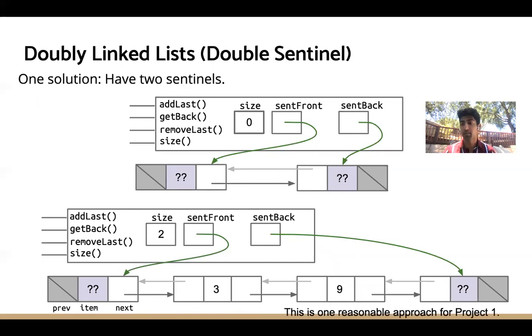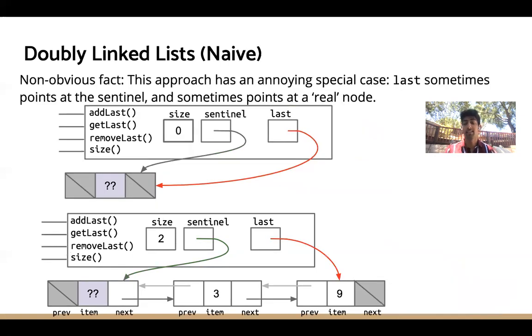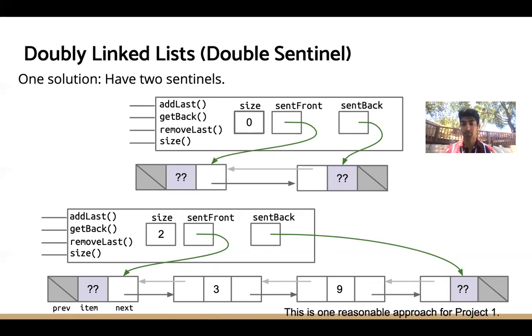Because the problem with last that we mentioned in the previous slide is that it sometimes points to the sentinel, and we don't know if it actually is pointing to a node or a sentinel. So now we just replace last with sent back. This is the double sentinel approach with two sentinels.